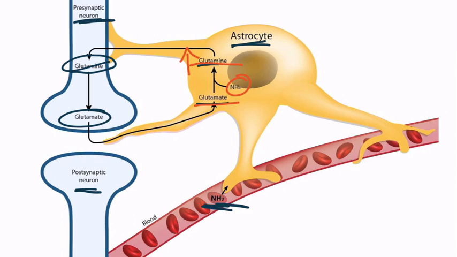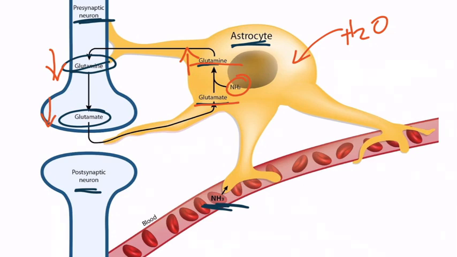Excess glutamine in the astrocyte acts as an osmotic agent and pulls water into the astrocyte. This inhibits the release of glutamine back into the presynaptic neuron. So decreased glutamine over here. Because there is less glutamine in the neuron, there will be less glutamate, which means the neurons are no longer able to effectively communicate. This mechanism is the basis for hyperammonemia resulting in encephalopathy.